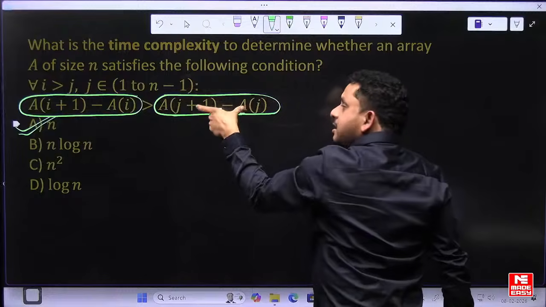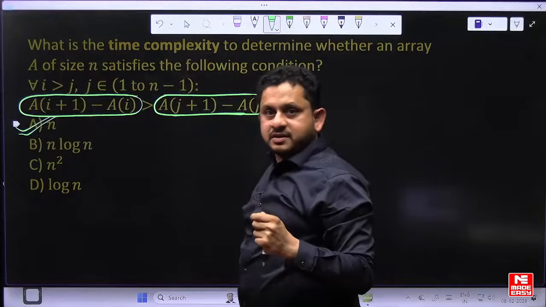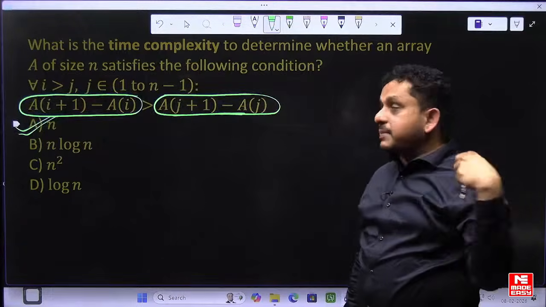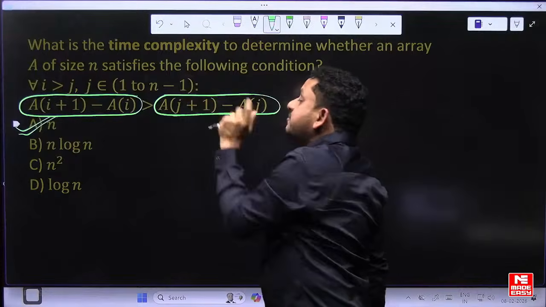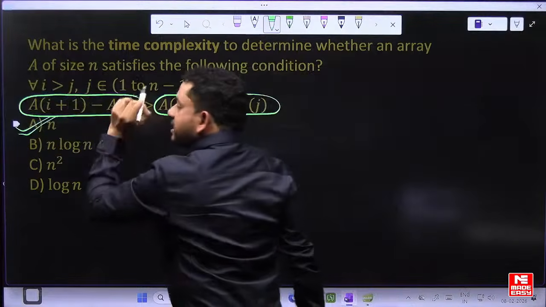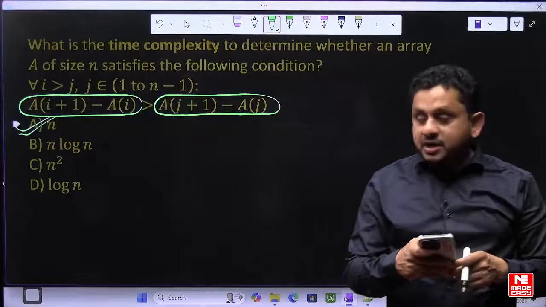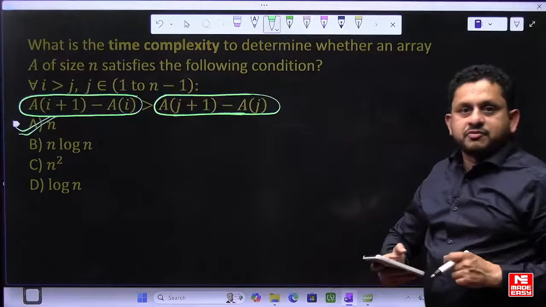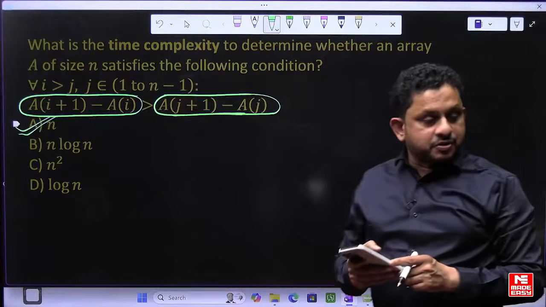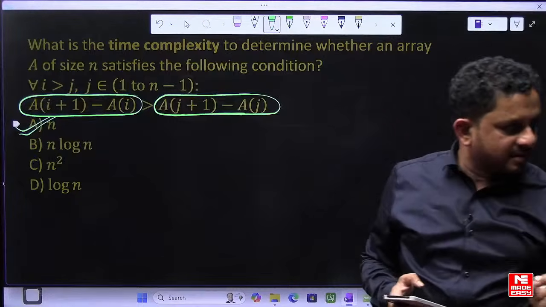All remaining adjacency differences should be greater than the previous one. This can be done in order of n time by using a single loop. It is one new algorithm design given in the exam, right?